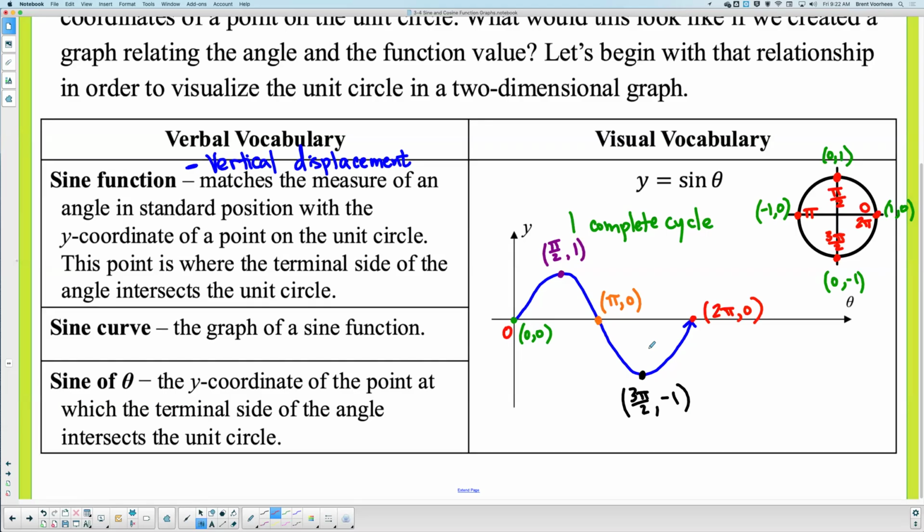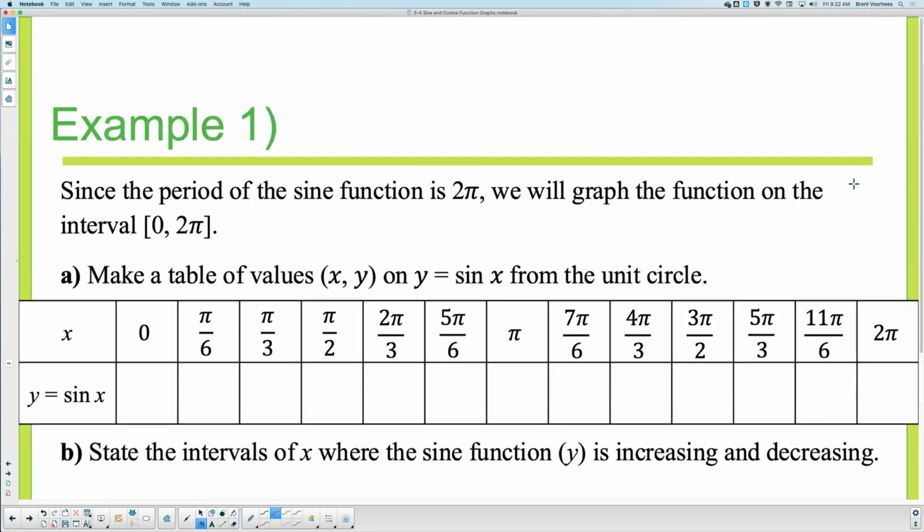So what's the value from the unit circle that does not get placed on the curve at all? What is the thing we ignored the whole way around? The x's. You do not touch the x's at all when you do the sine. That'll be for the cosine. Does that make sense? All right, that's sine. So that's how we'll build up our graph.